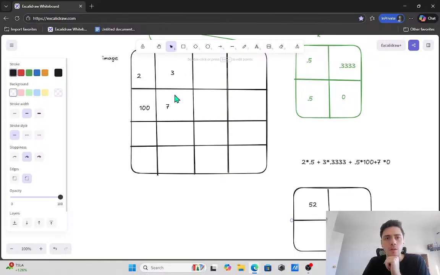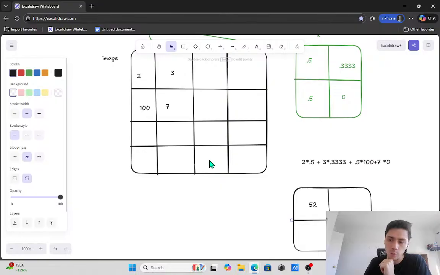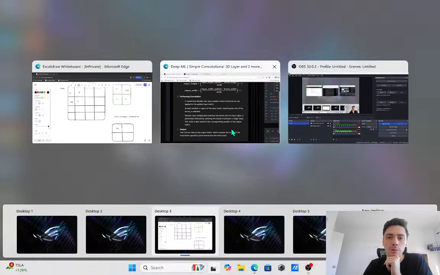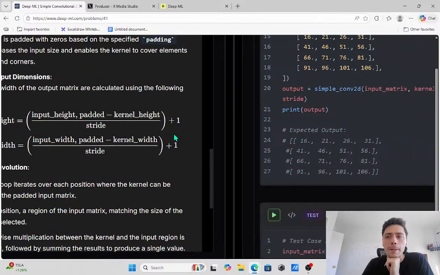I'm trying to think. Okay. Do we need to know the output matrix before we compute everything? I guess it'd be ideal. Then we can get the output height and output width.